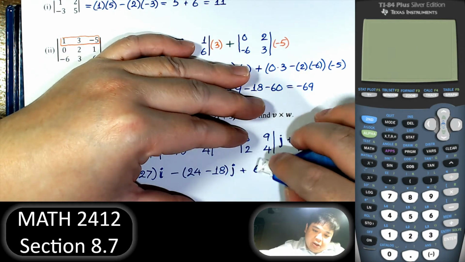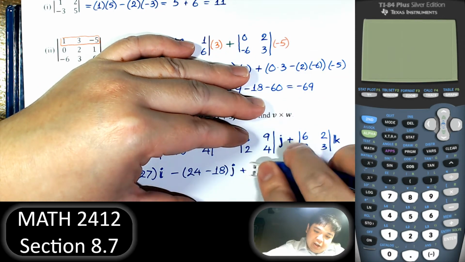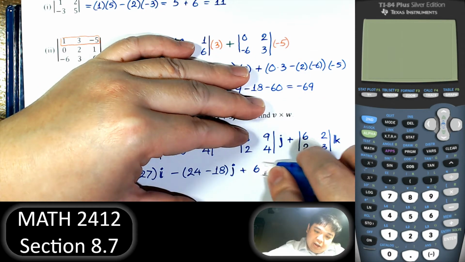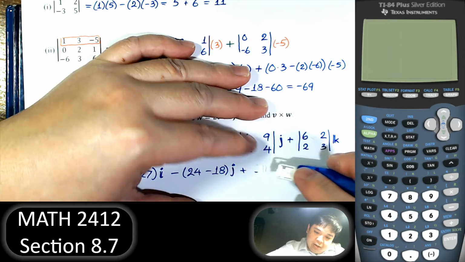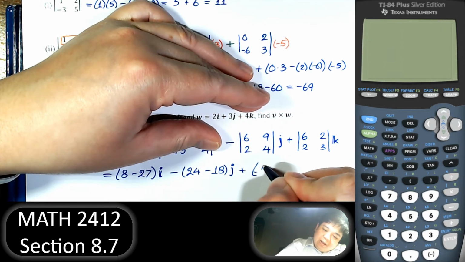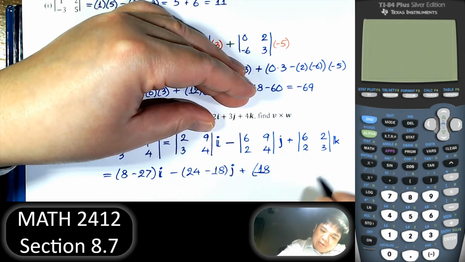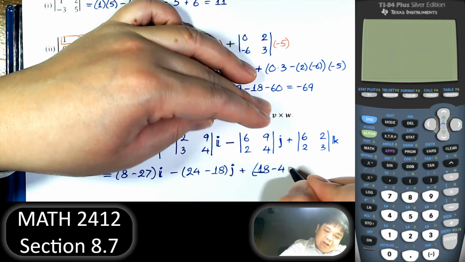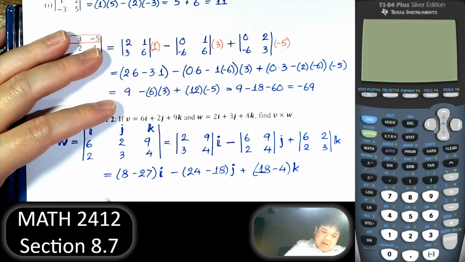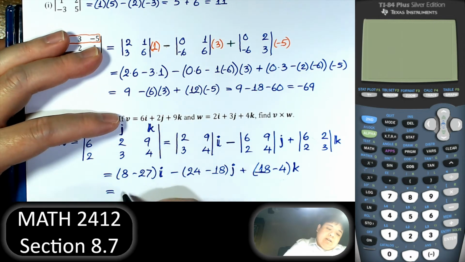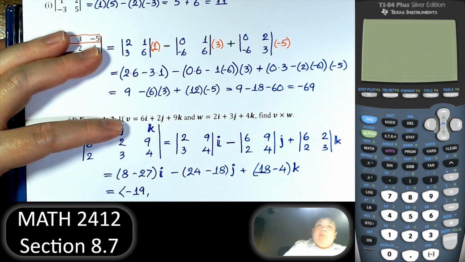Minus 4 K. So that gives us on the first component 8 minus 27, that is minus 19. 24 minus 18... 24 minus 18 is 6 with a minus. 18 minus 4, 14.